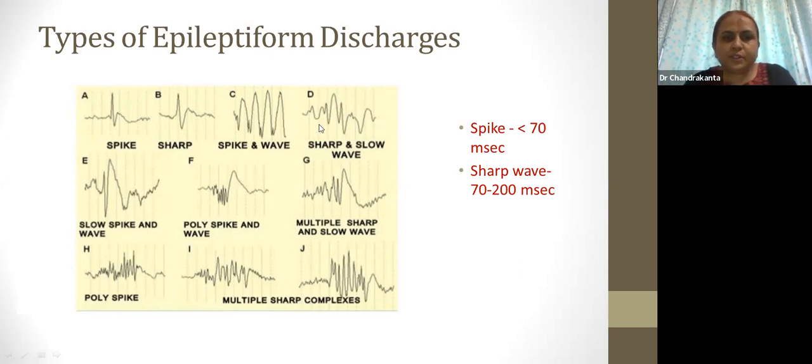So the duration of the wave decides whether it is a spike or a sharp. Spike is a shorter wave and the duration is less than 70 millisecond, and some books write less than 80. Sharp is relatively broader waves and the duration is between 70 to 200 millisecond.